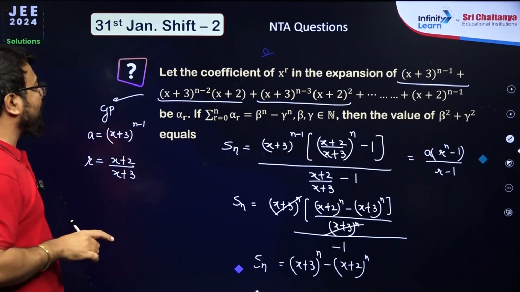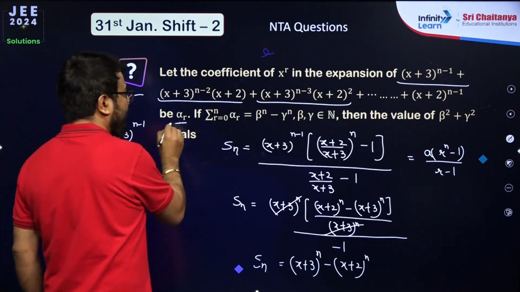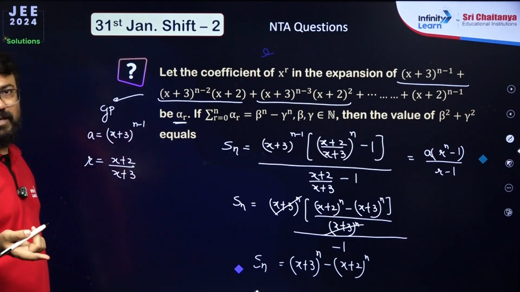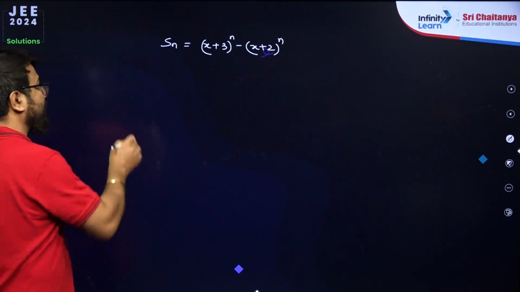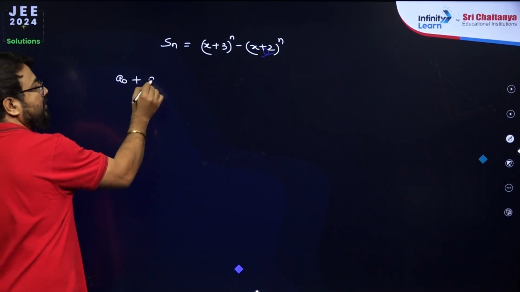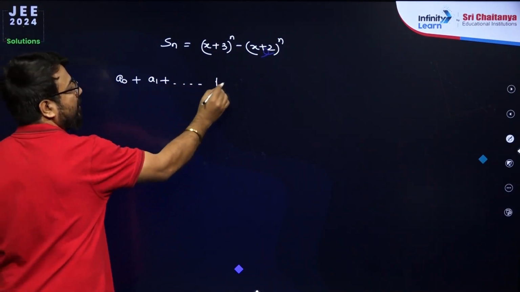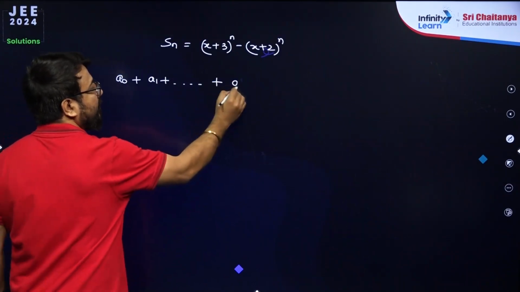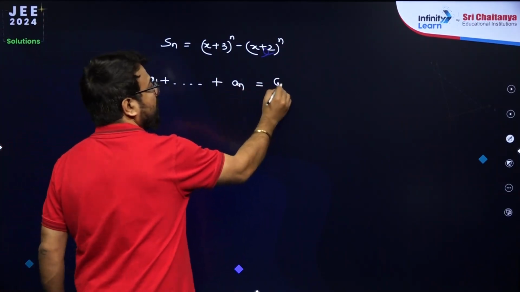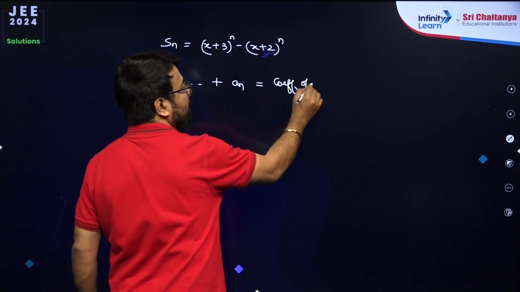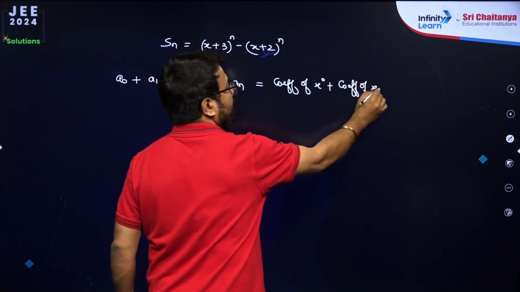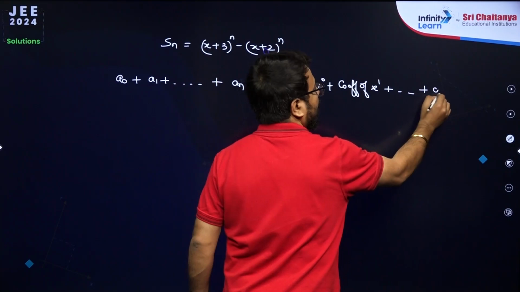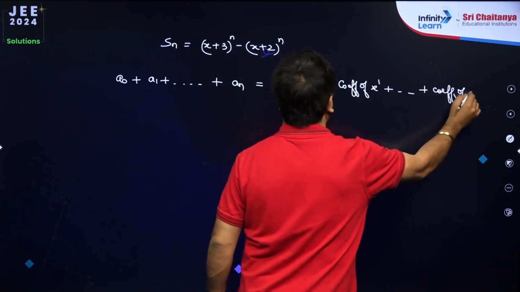Now they have given that a_r is the coefficient of x raised to the power r, and they have given the summation of a_r, that means a_0 plus a_1 up till a_n. So this is actually the coefficient of x^0, coefficient of x^1, up till coefficient of x^n.